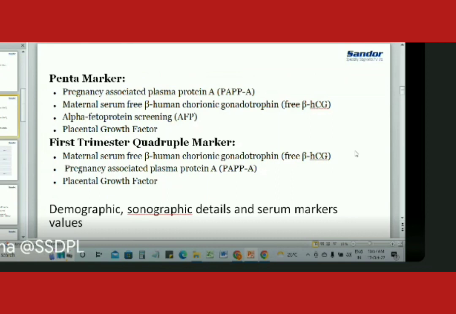So these demographic and sonographic details along with the serum marker values. Serum markers are nothing but these ones, PAPP-A, free beta HCG, all these are serum markers. Along with that, we can suggest which risk it is, whether 21 or 18 or 13, whatever it is.